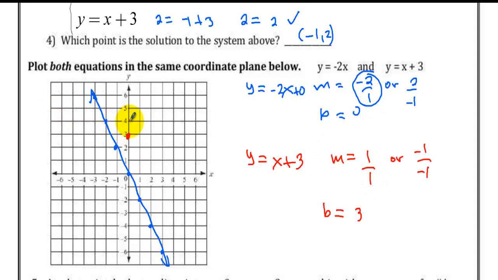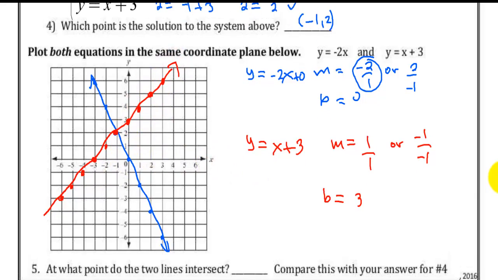I'll go up 1, right 1, up 1, right 1, up. Okay. Then negative 1 over negative 1, I'll go down 1, left 1, down, left, down 1, left 1. Okay, so from here, we can say that this will be the graph of my second line.